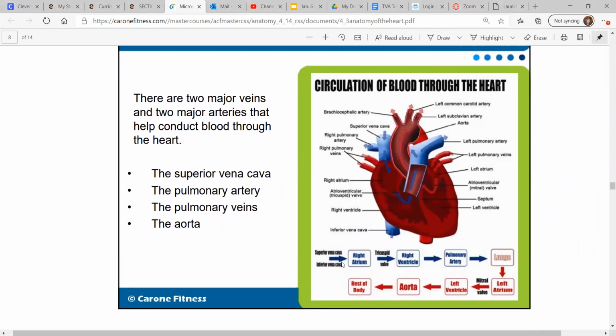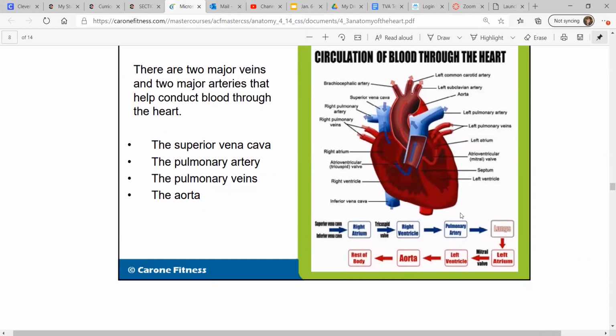The superior vena cava and the inferior vena cava go into the right atrium. We have the tricuspid valve, into the right ventricle, into the pulmonary artery, to the lungs, and then from the lungs, we go to the left atrium, the mitral valve, the left ventricle, the aorta, and then out to the rest of the body.